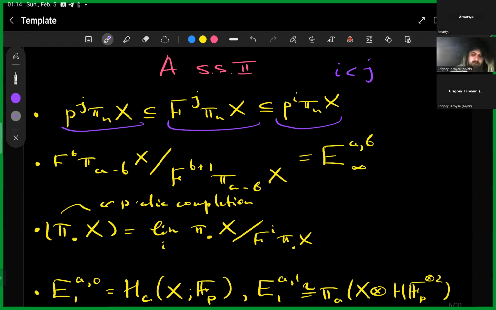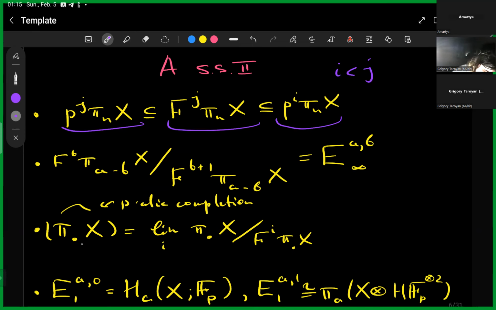So in particular, it means that if we complete with respect to this filtration, we obtain the p-completion of homotopy groups. And this also means that the spectral sequence of this filtration abuts to quotients of this filtration on homotopy groups, which look like this.